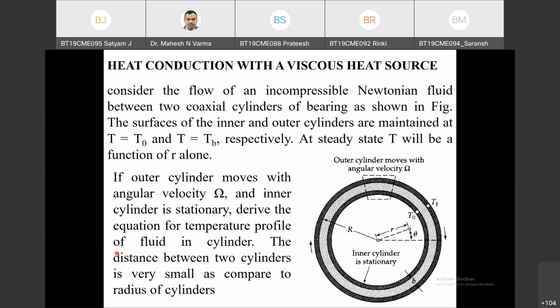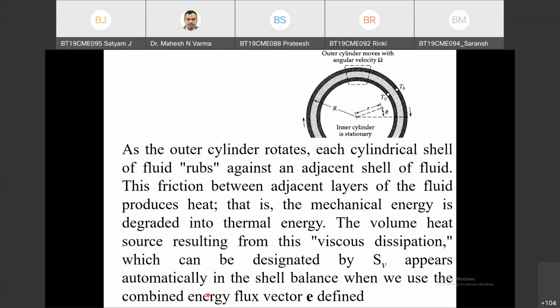If the outer cylinder moves with angular velocity omega and the inner cylinder is stationary, derive the expression for the temperature profile of the fluid in the cylinder. The distance between the two cylinders is very, very small as compared to the radius of the cylinder. As the outer cylinder rotates, each cylindrical shell of the fluid also starts moving.